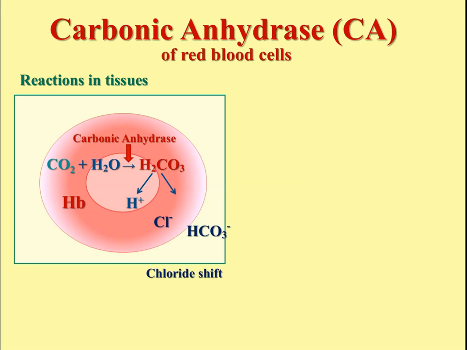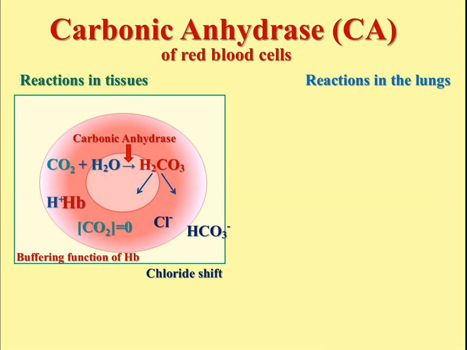Chlorine entry is called chloride shift. CO2 is zero, and H plus is bound by hemoglobin. So we call this the buffering function of hemoglobin. Hemoglobin provides not only the function of oxygen transport, but also prevents great acidity of the venous blood, because many H plus ions become bound to hemoglobin temporarily until the moment of reverse reaction, and therefore they don't affect the total pH of the blood.